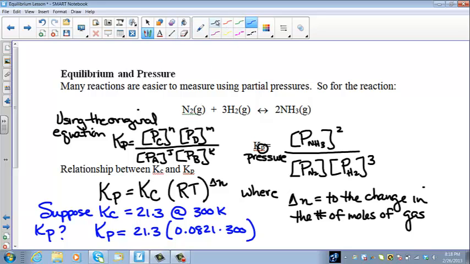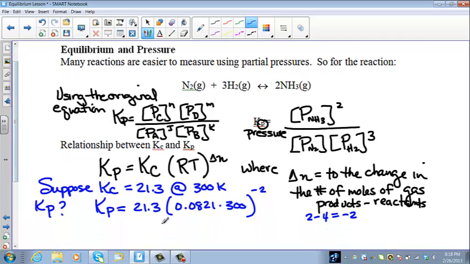I left out one thing: products minus reactants. So in this case, in our example, it's going to be 2 minus 4, which is -2. So this is going to be raised to the -2.